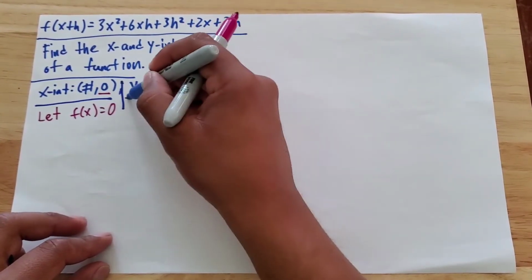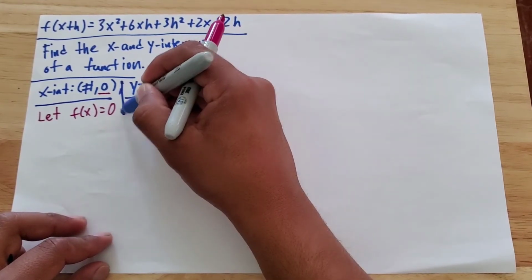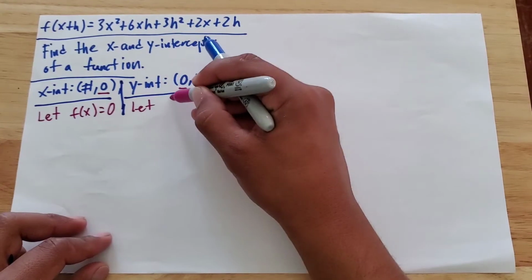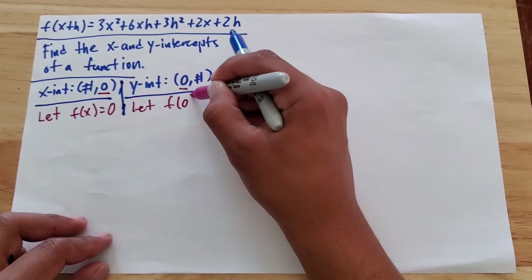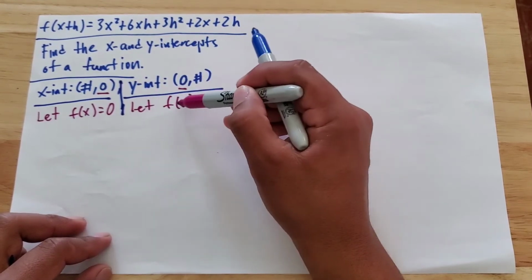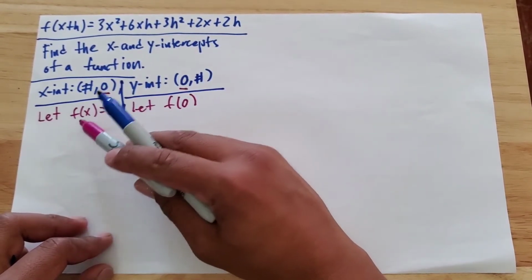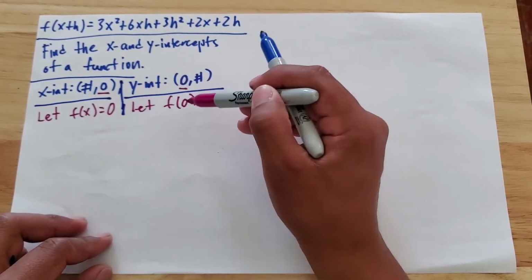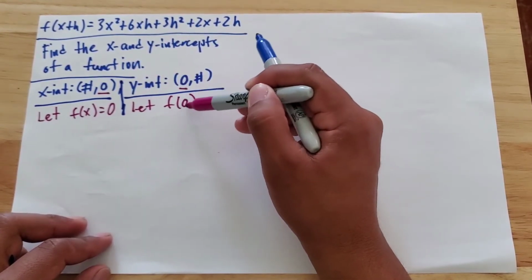And for the y-intercept, we have to let x be 0. That means we have to find f of 0. Here, you let f of x equal 0, so y is equal to 0. In this case, x is equal to 0.